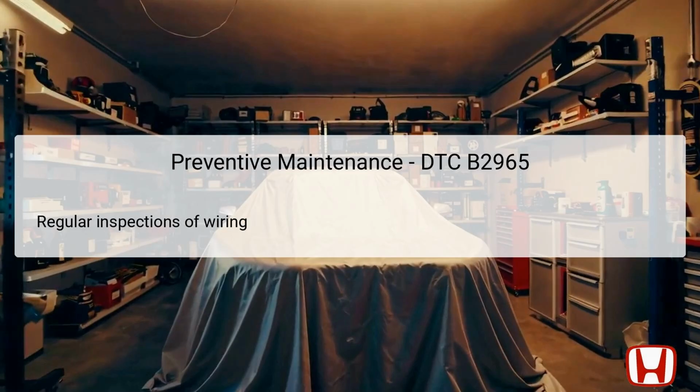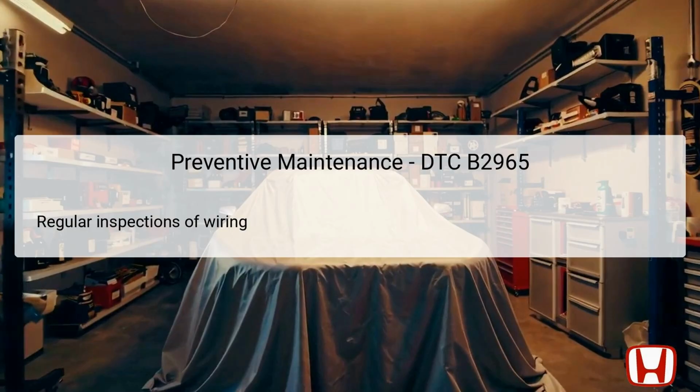A preventive maintenance strategy for the rear AC system is vital in avoiding future issues like DTC B2965. Regular inspections of the wiring and connectors associated with both the rear AC control unit and the HVAC control unit can help catch faults before they escalate. It is advisable to periodically check for any signs of wear, corrosion, or loose connections.